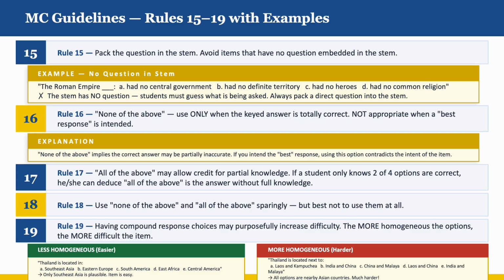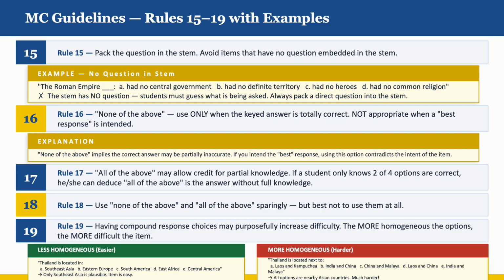There's no question. The student doesn't know what they're being asked. So always make the stem a complete question. Again, take note: always make the stem a complete question. So instead, please avoid having a fill in the blanks question in your stem. Again, always make the stem a complete question, ending with a question mark.